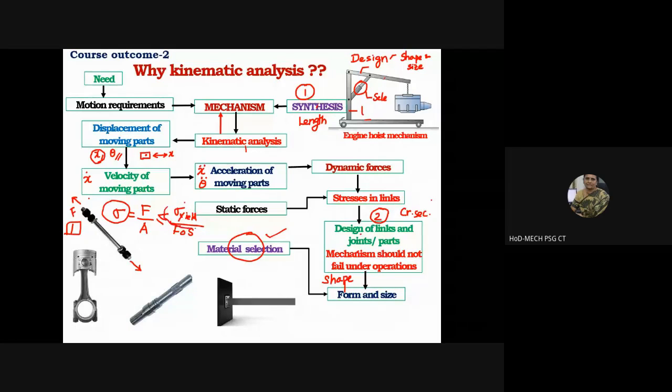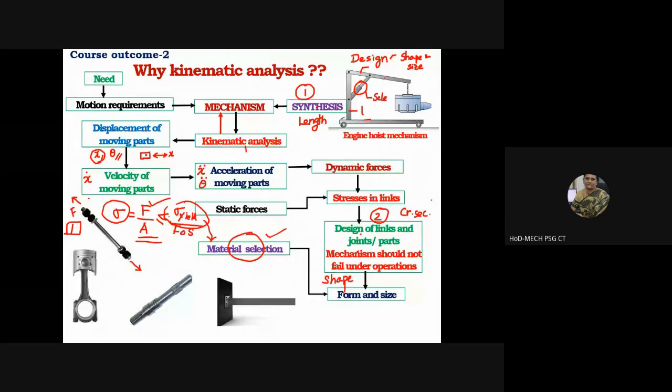This yield strength, what does it depend on? Yield strength is a material property. So, prior to designing a member, when I say designing this particular member, I mean finding out the area of cross section. If I want to find out the area of cross section, what are all the quantities that I need to know? I should know the force.